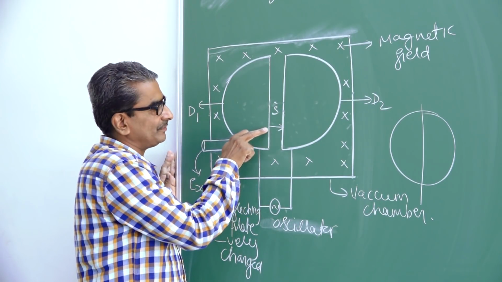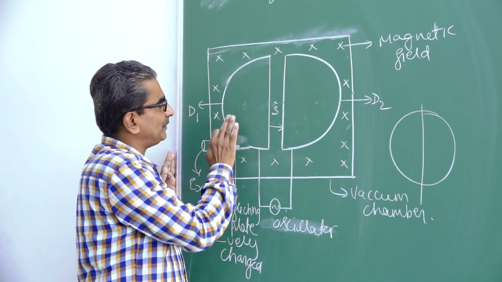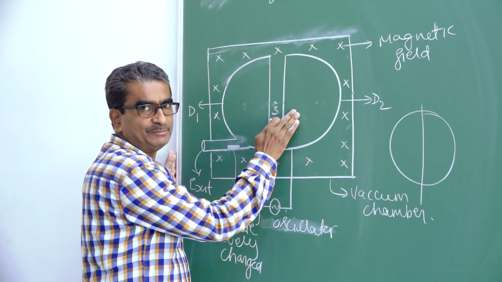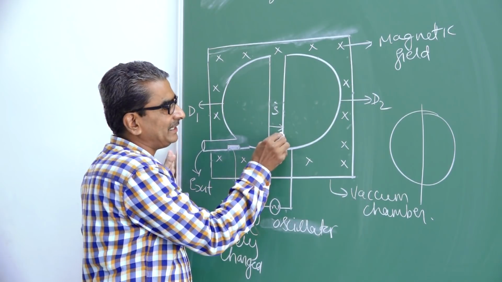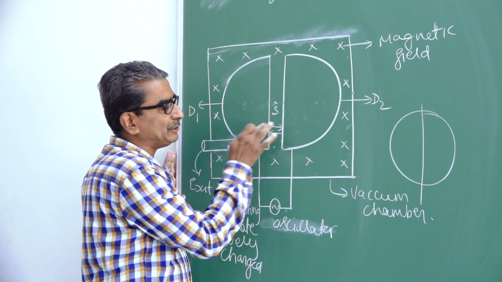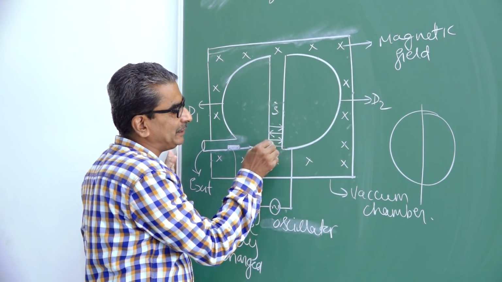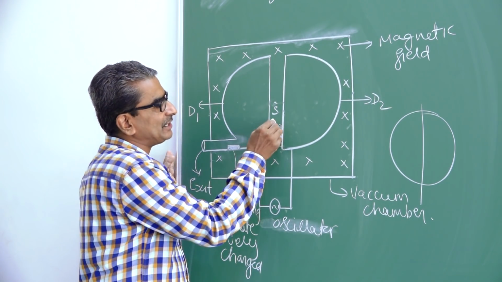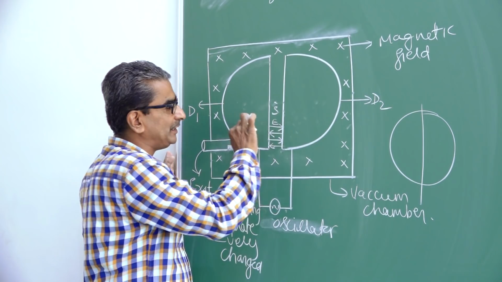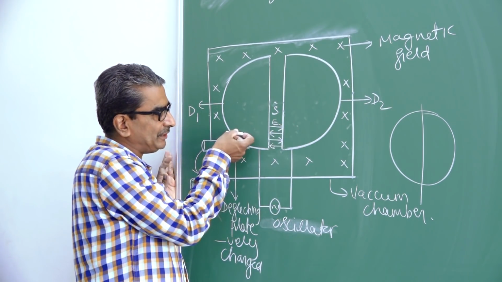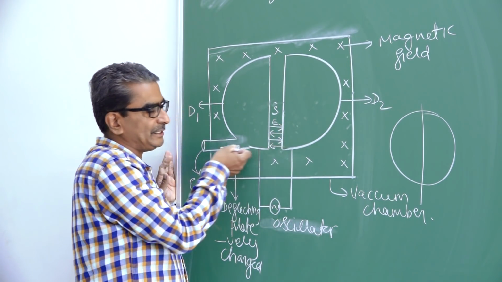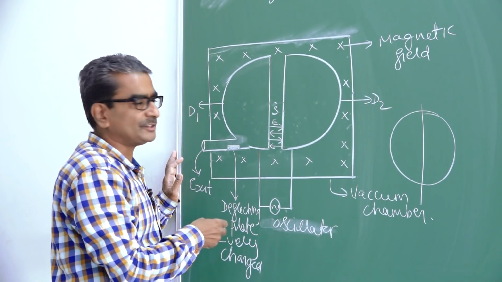Suppose it is from D1 to D2 for some time, then again the direction is going to reverse from D2 to D1. Again from D1 to D2, D2 to D1. So the direction of the electric field keeps reversing. Now there are two fields.